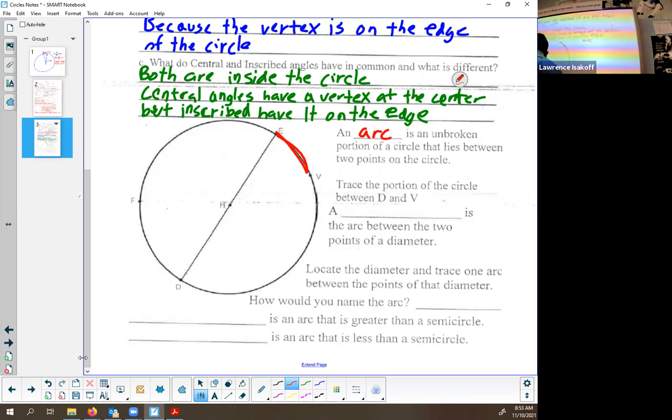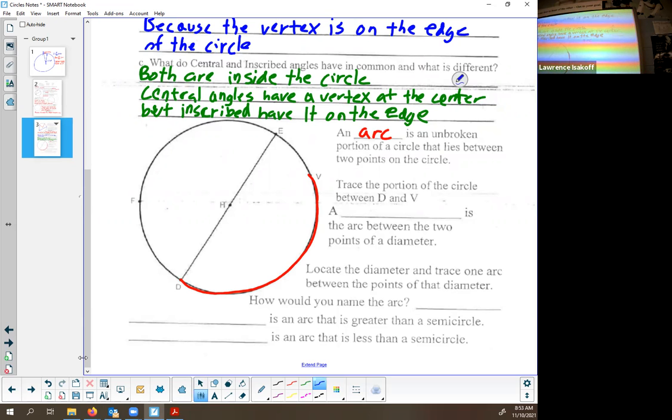So now it said it wanted us to trace going from D to B. This is what we call a minor arc. We'll talk about that in a second though. But let's see here.